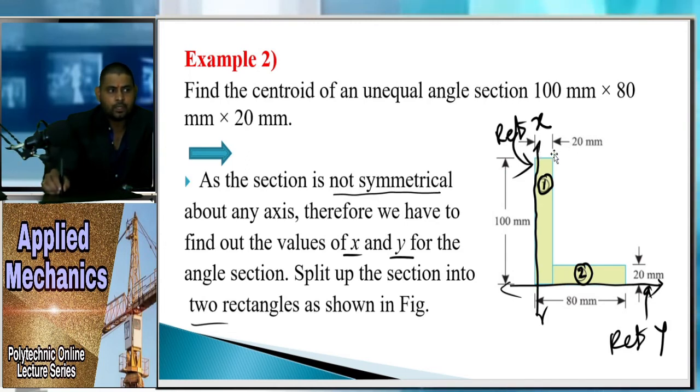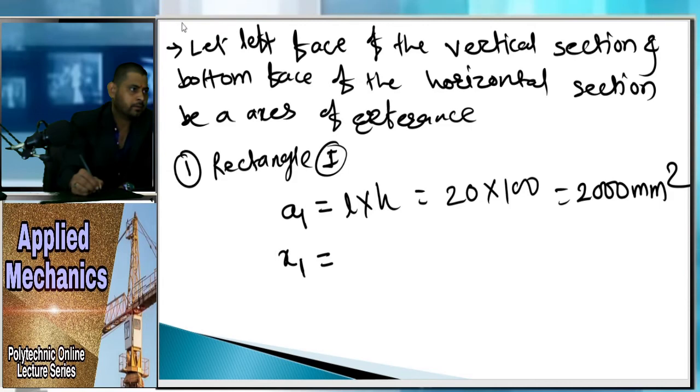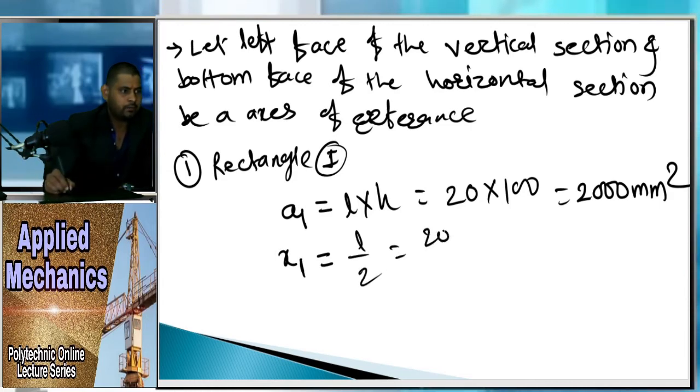So 20 divided by 2 is nothing but our x1, that is L by 2 for the x axis, right? So here we have to take L by 2, that is 20 divided by 2. So 10 is nothing but your x1.